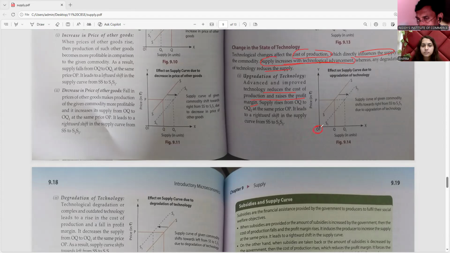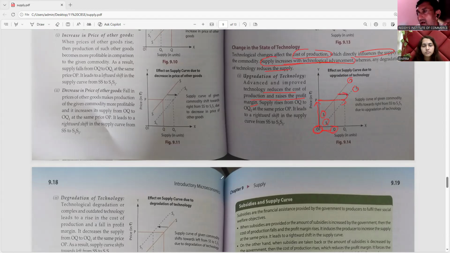When your price was OP, your supply was OQ. But after using technology, you manufactured more and more units, so you will increase your supply from OQ to OQ1. It means your curve will shift from SS to SS1.